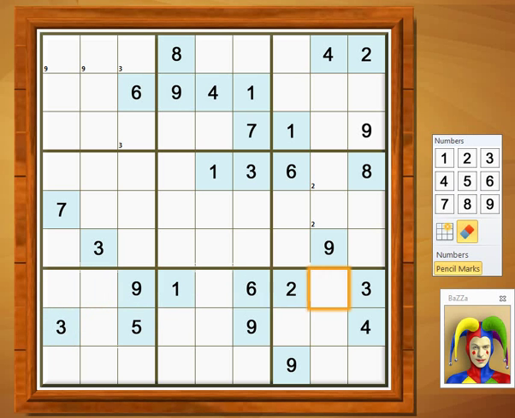3 and 3, so this 3, that 3, got this 3 here, which just leaves these 2 as 3. So we're going to put a 3 in here and a 3 in here. If we come up to here, that takes that 3 out there, so that means that one of these could be the 3.